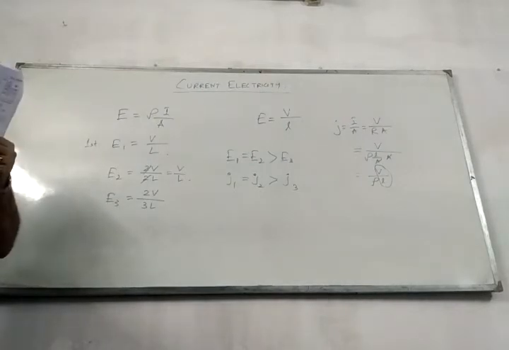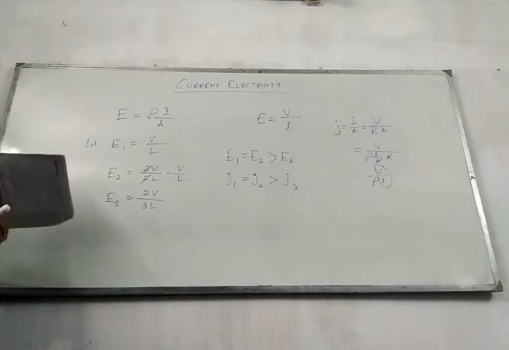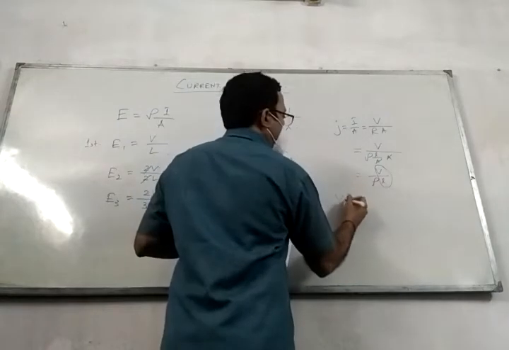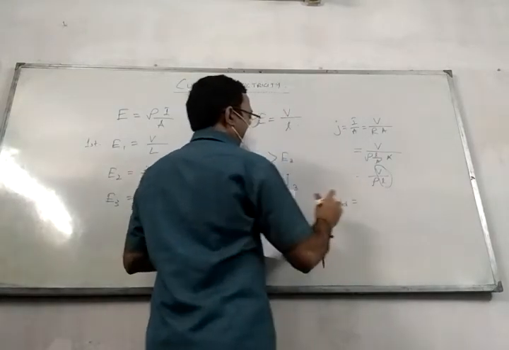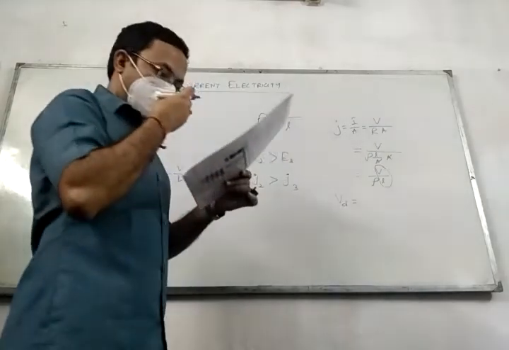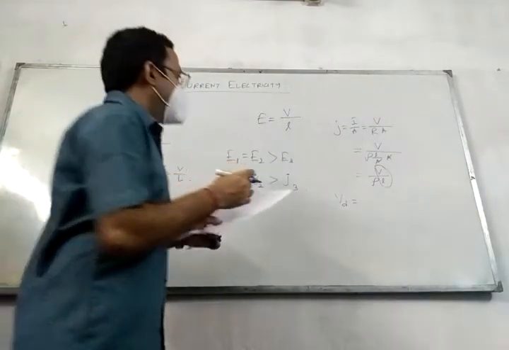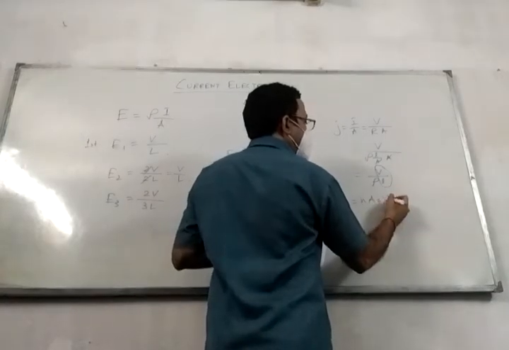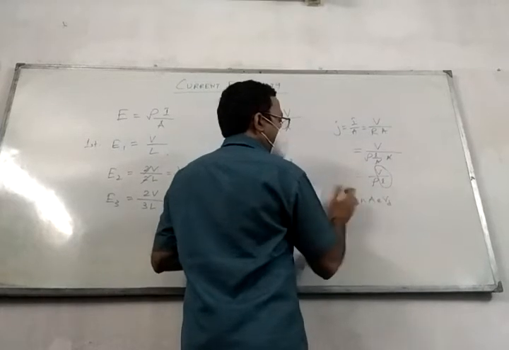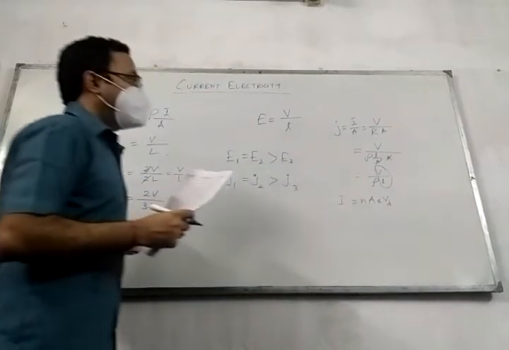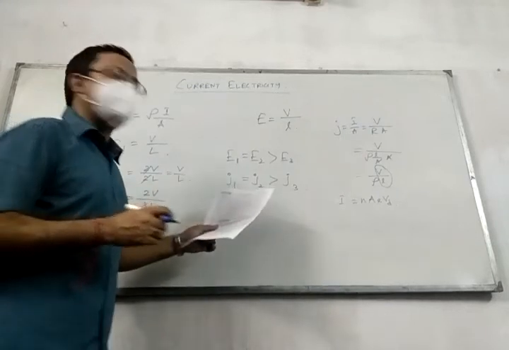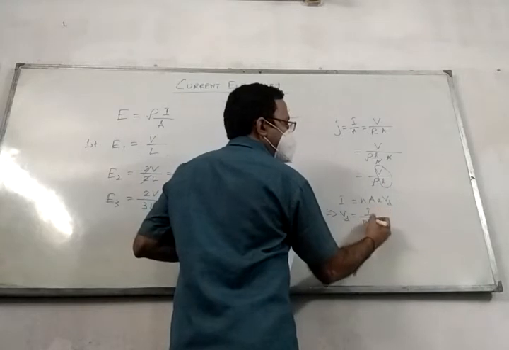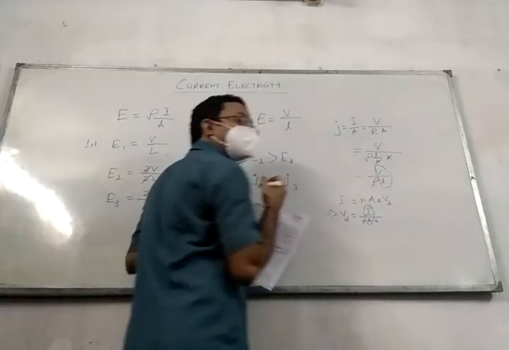The drift speed of the electrons through them. Drift speed of the electrons क्या है? I equal to NAE VD, ठीक है। So VD is equal to I by NAE, and I by A is what?